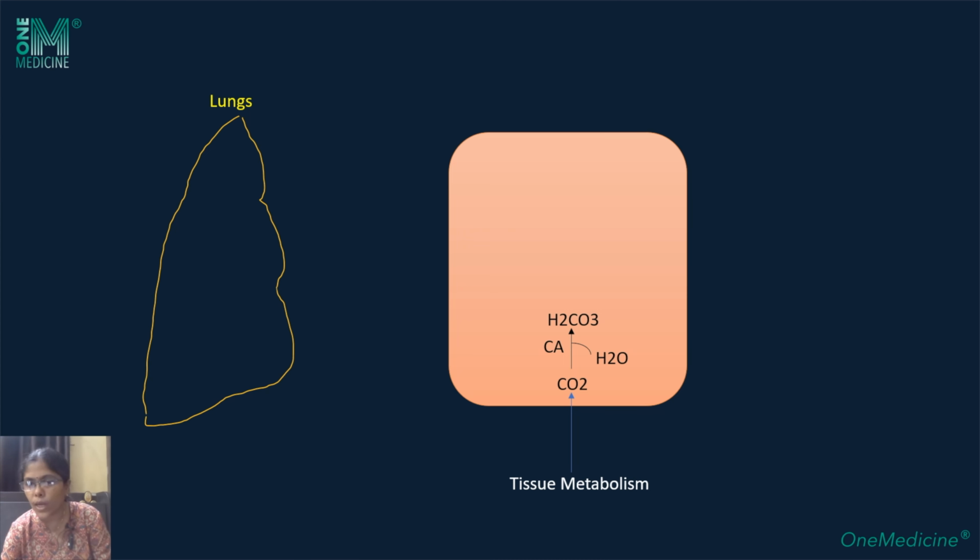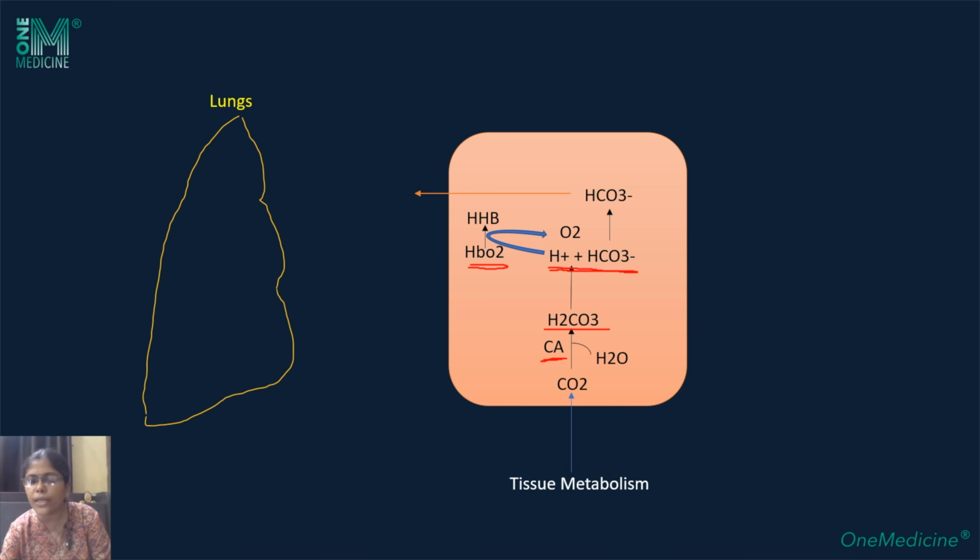It combines with water and is converted to carbonic acid, and this reaction is catalyzed by the enzyme carbonic anhydrase. Now this carbonic acid again dissociates to H plus and bicarbonate anion. The H plus combines with the oxygenated hemoglobin, which is reduced to form deoxyhemoglobin.